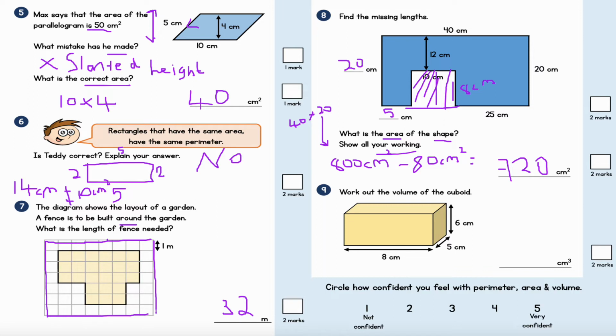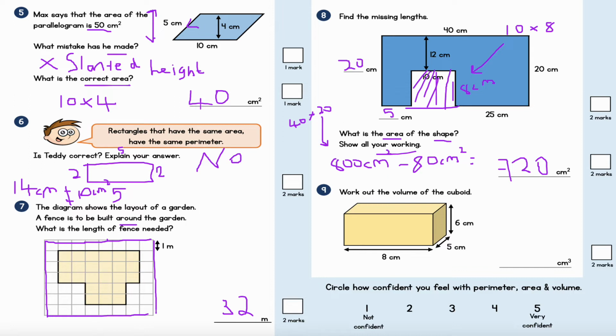All of this is 20. Therefore, this part has to be 8, because 8 plus 12 has to equal 20. So I did 10 times 8 for the area of this rectangle. And then I took it away from the bigger number, if that makes sense.